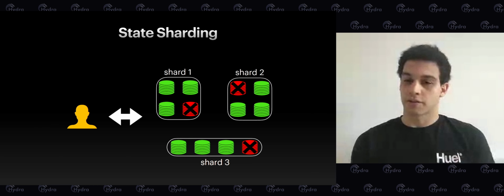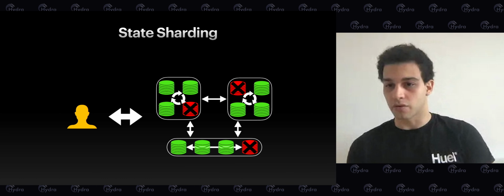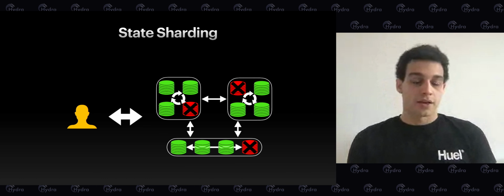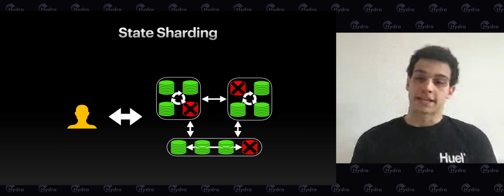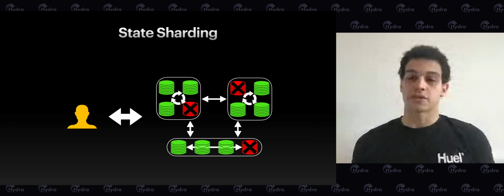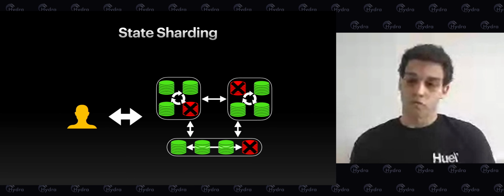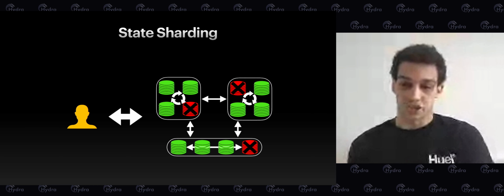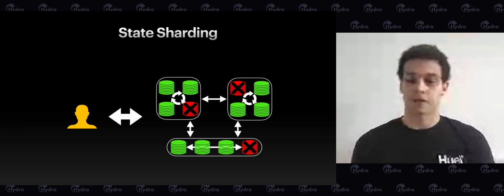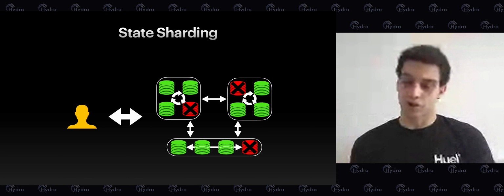We don't want one shard having all the bad nodes and another one having all the good nodes. So instead of running the global consensus among all the nodes, we would run consensus within each shard and then run a special algorithm called the cross-shard consensus protocol across the shards.